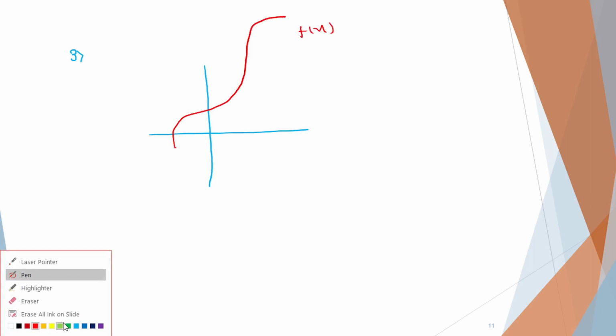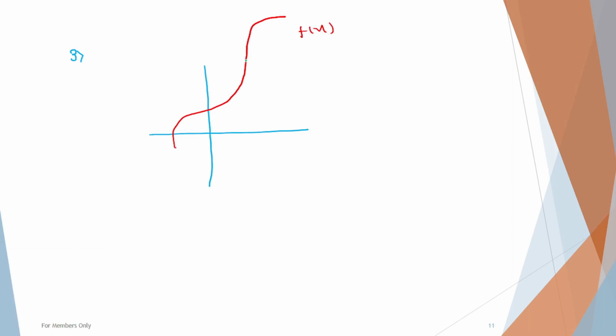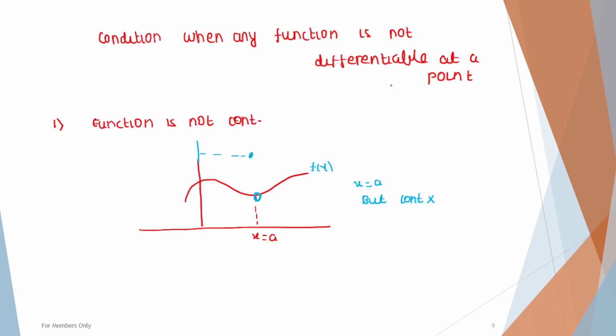So when we want to draw a tangent here, it will be parallel to the y-axis. So at this point this function will not be differentiable, okay. So these are three conditions when any function is not differentiable.